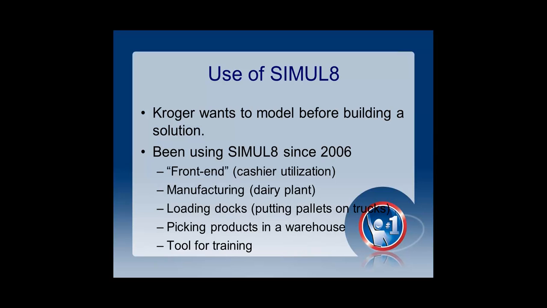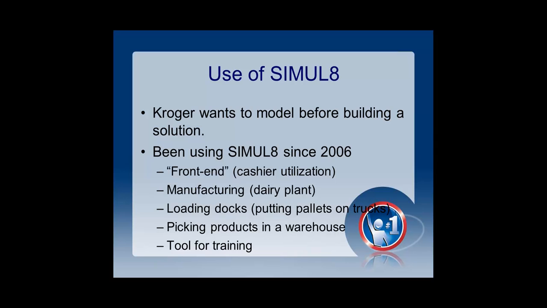We've done simulation of several of our manufacturing plants. We've done a dairy plant to show when and how we schedule the different types of milk being produced in it, and what kind of backlog we might get. We've also used it in simulating how we do some of our automated plants.